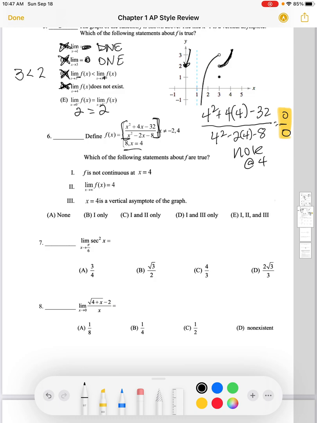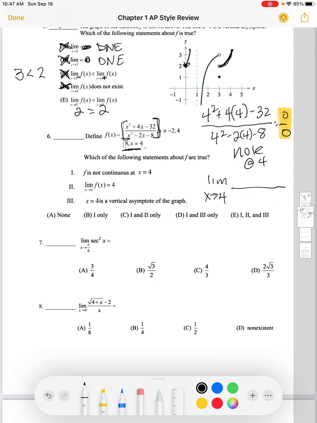Except in the piecewise function, it says that at 4, we're going to have a filled in dot at 8. So really we need to decide, does that dot fill in the hole of this first function? So I need to find the limit as I approach 4 of this function. And so we know when we have the hole, we can factor and reduce this function.